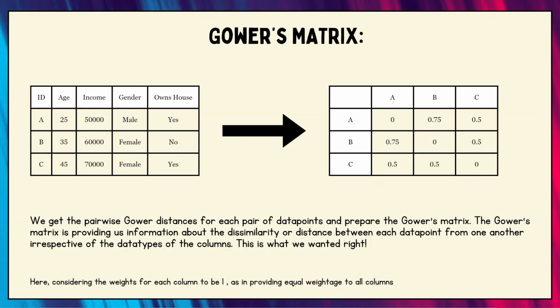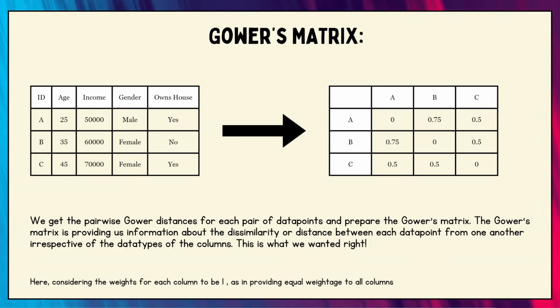So here, if we generate the Gower's matrix for the simple data set that I had, we get the Gower's matrix as shown here. Here you can see that the dissimilarity between row A and row A is 0, obviously, because it's the same row, while the distance between the rows A and B is 0.75 as we calculated in the last slide, and similarly we get the dissimilarities for each one of them.